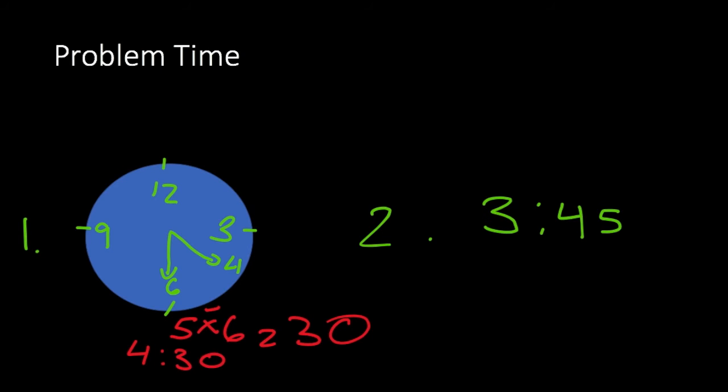Now, what I suggest when your teacher gives you a problem like this, is to either have a clock ready or try not to draw a clock, because sometimes kids like me are pretty bad at it. So you can either draw a clock or have a printed paper next to you so you can draw on it.